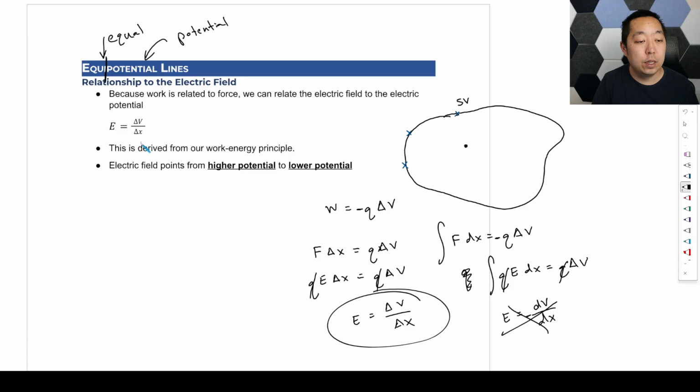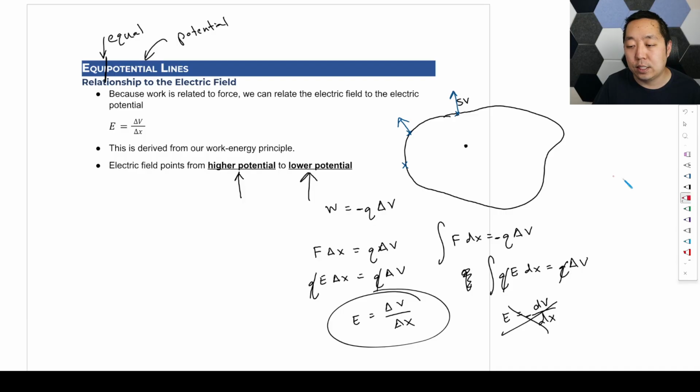Rather than using the sign of this, I look at it as saying the electric field points from higher potential to lower potential. And it's perpendicular to the equipotential lines, by the way. The reason is that when you move along the equipotential line, the electric field is not going to do any work.